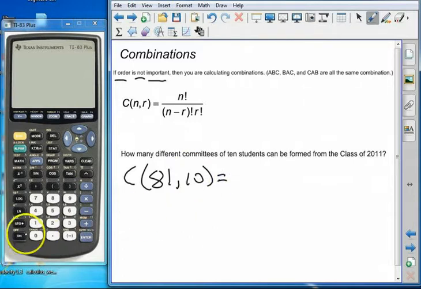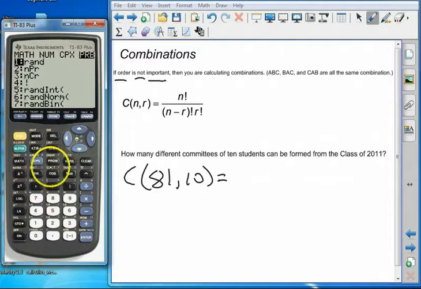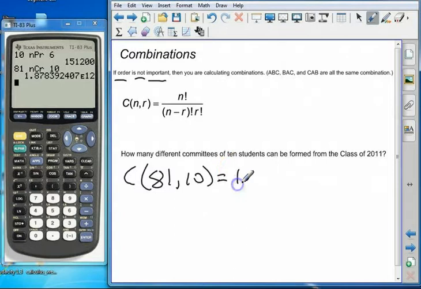Let's use our calculator for this, okay? So I'm going to go 81 math PRB, and this time I'm going to use number 3, the combination feature. And we end up with, wow, that's a lot, 1.8784 times 10 to the 12th different committees that can be formed from the class of 2011.